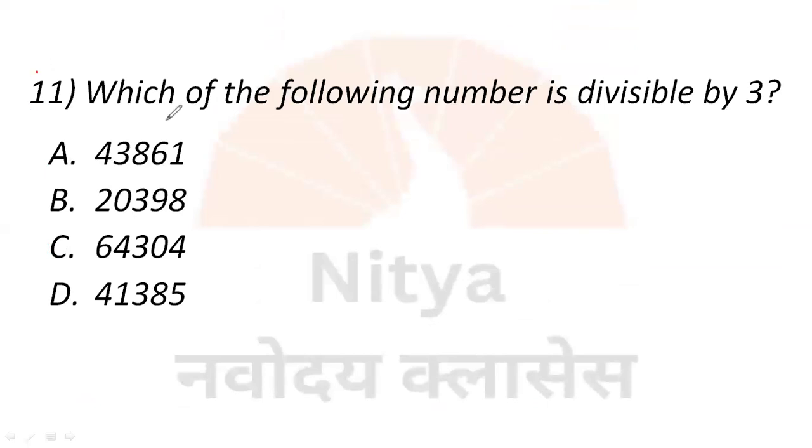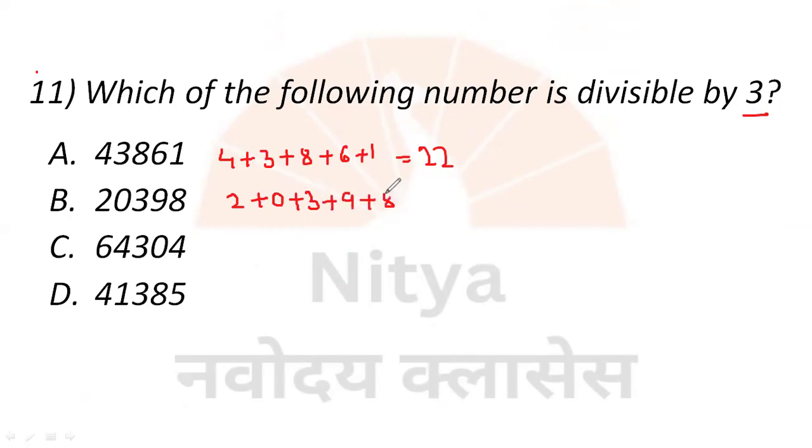Question 11. Which of the following numbers is divisible by 3? So 3's divisibility rule is we have to sum up the digits. So we add 4 plus 3 plus 8 plus 6 plus 1. When we add, we get 22. 22 is not divisible by 3. Okay, let's check the second one. 3 plus 9 plus 8, when we add, it is also 22.